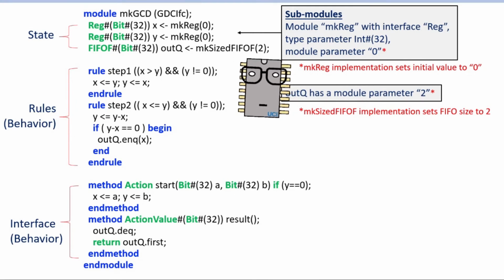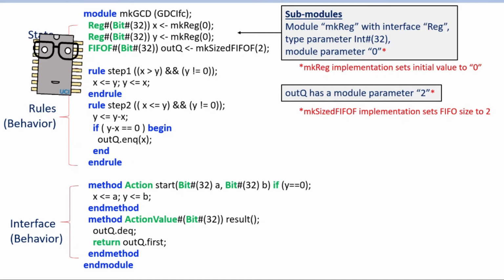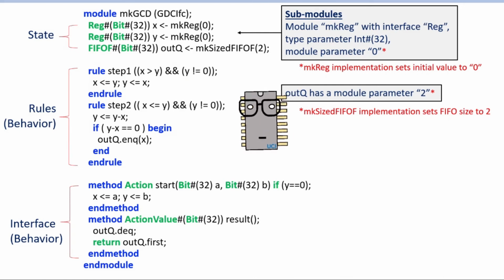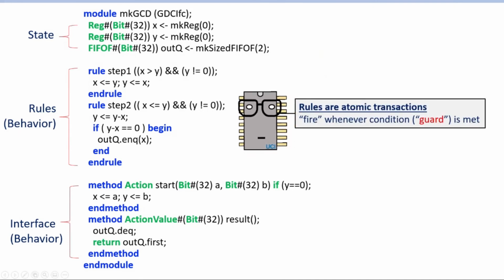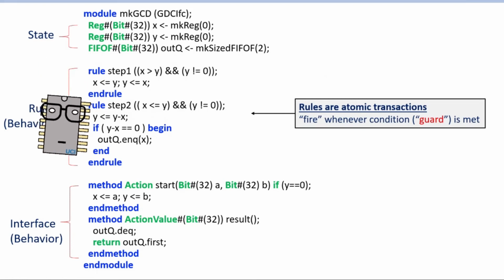So anyways, in this module, we have 2 registers, X and Y, and a FIFO called outQ. And there are 2 rules, step 1 and step 2, which actually do computation using these state elements. And you can see that these are called rules. Rule step 1, rule step 2.